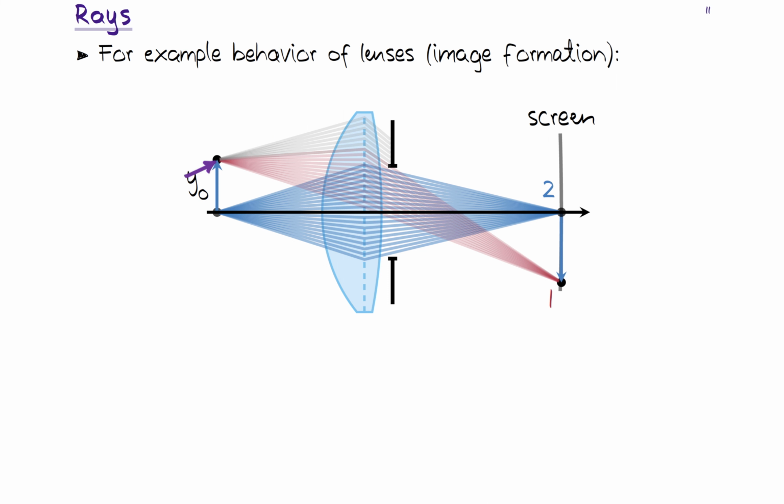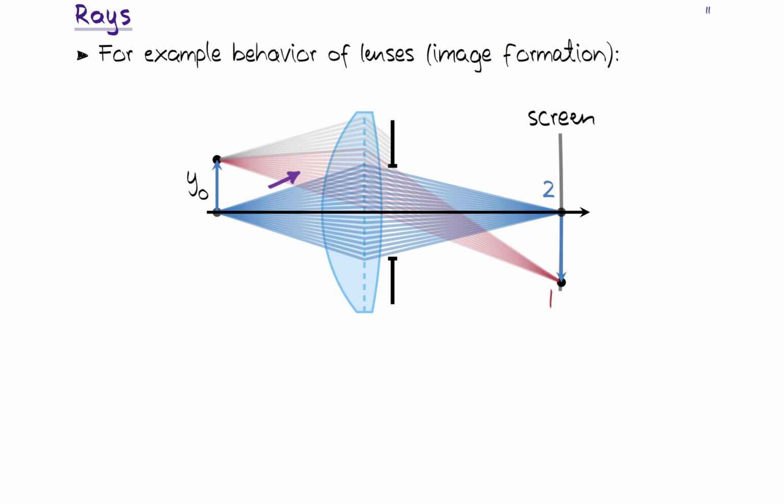If this point scatters light, or even radiates light itself, for example if it is a fluorescent molecule, then the light emitted or scattered by the object can be described as a bunch of rays. They propagate through the system, the lens bends the rays accordingly, and finally the rays may focus again and form an image.